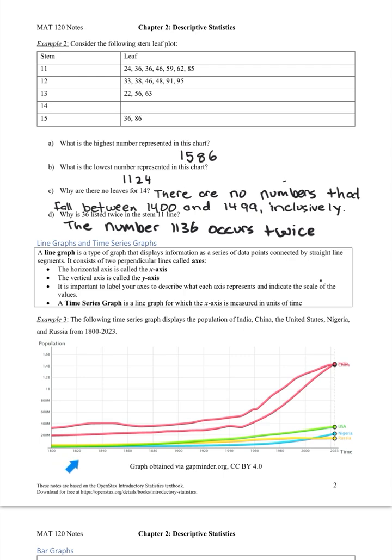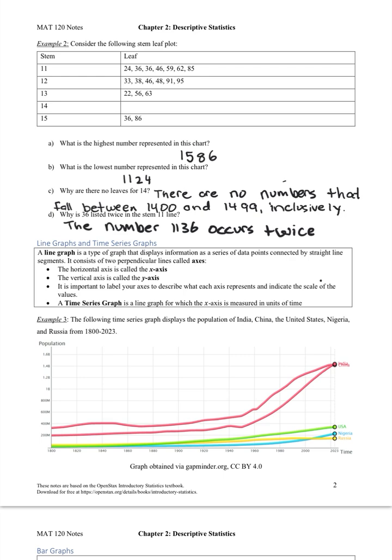This particular line graph is called a time series graph. Notice that our x-axis is labeled with time. In other words, the number of years since 1800. And we jump in increments of 20 years.